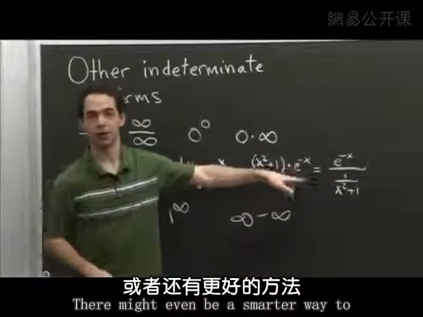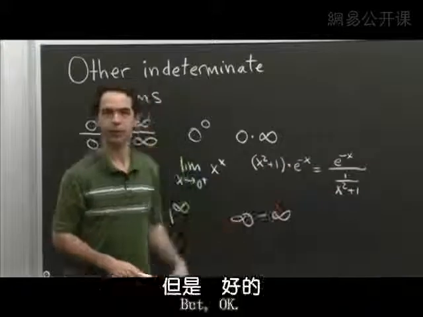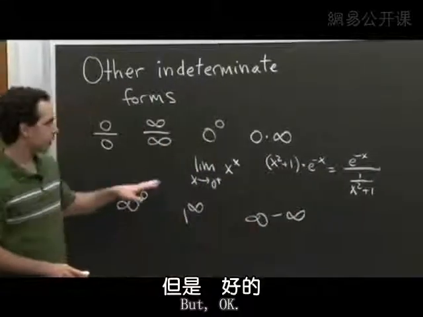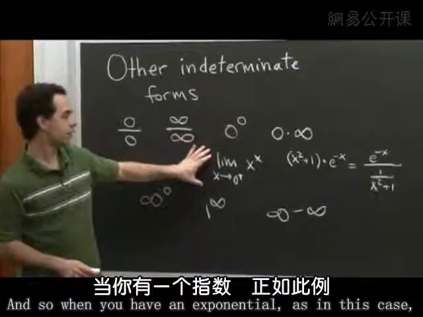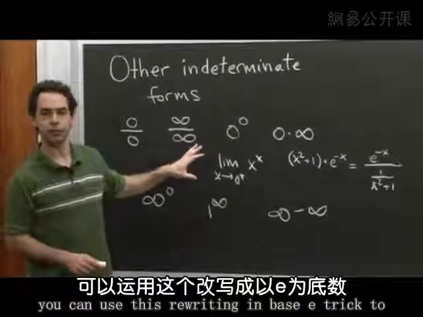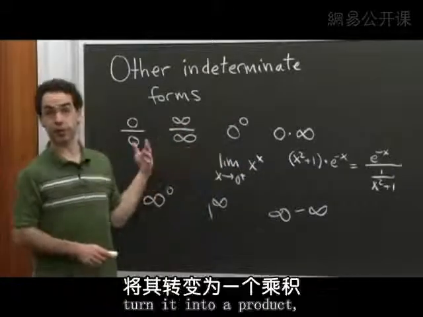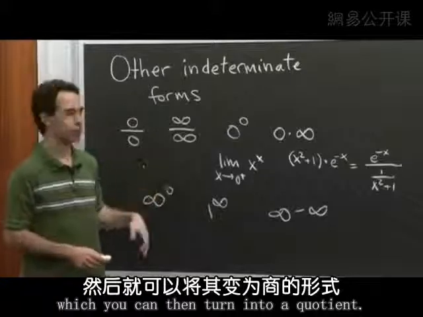There might even be a smarter way to rewrite this product as a quotient. When you have an exponential, you can use this rewriting in base e trick to turn it into a product, which you can then turn into a quotient.